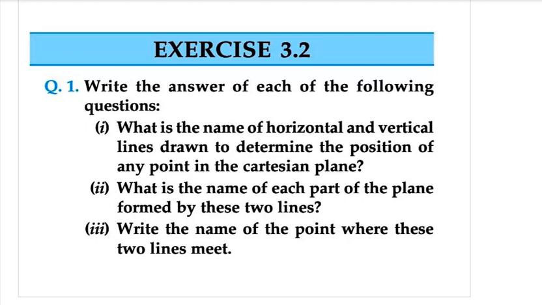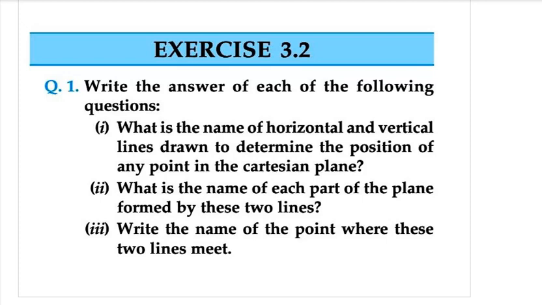Write the answers of each of the following questions. What is the name for horizontal and vertical lines drawn to determine the position of any point in the Cartesian plane? Tell me. You should be able to tell me this. The name of horizontal and vertical lines drawn to determine the position of any point in the Cartesian plane is x-axis and y-axis. What is the name of each part of the plane formed by these two lines?